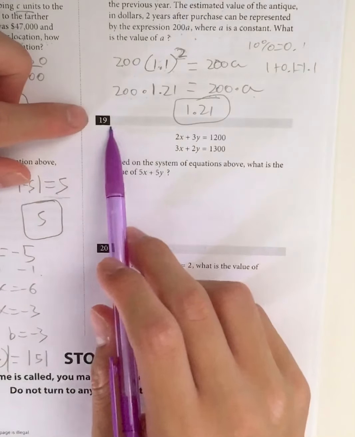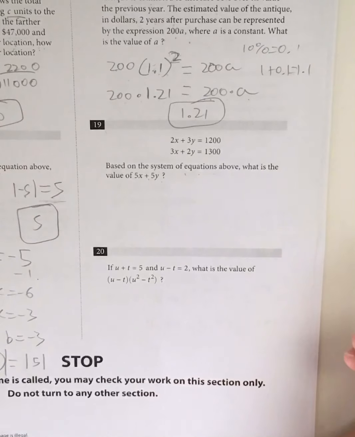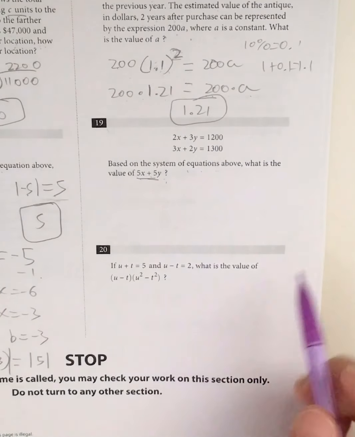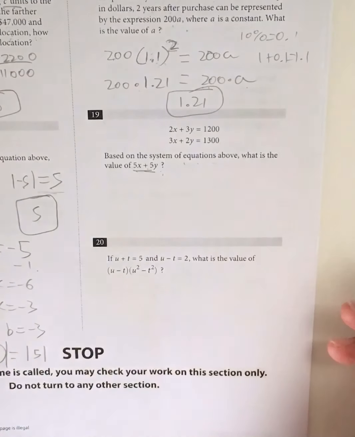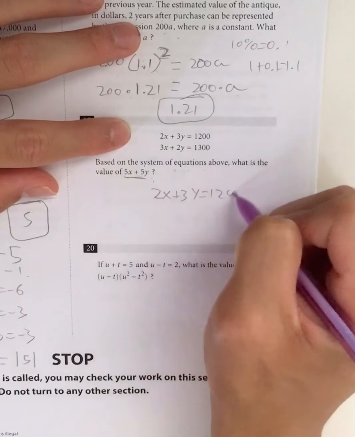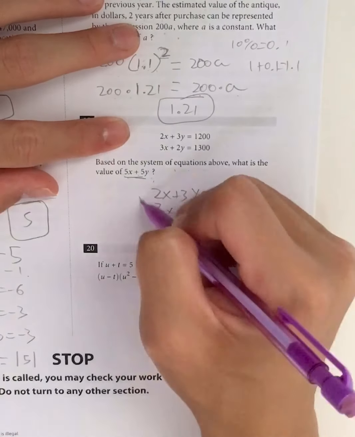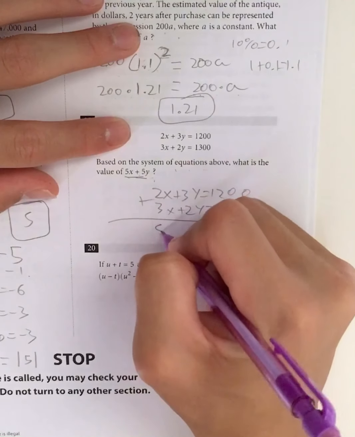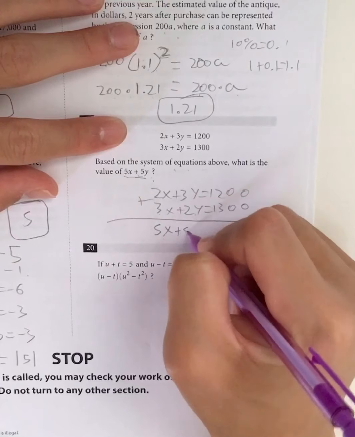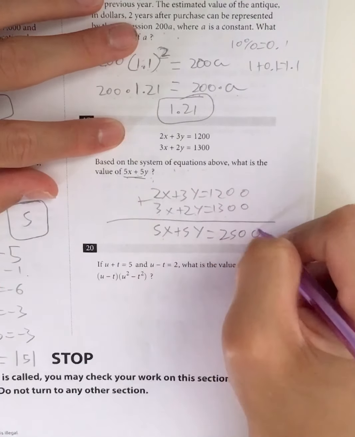Alright, so let's move on to question 19. Based on the systems of equation above, what is the value of 5x plus 5y? Alright, if they ask you something like this, there's always going to be a trick in the question. And if you guys can't see it already, this is what you're going to do. So let me just write down these two equations. Alright, give me a second. Alright, if you add both of these equations, 2x plus 3x, 5x, 3y plus 2y, 5y, 1,200 plus 1,300, 2,500.